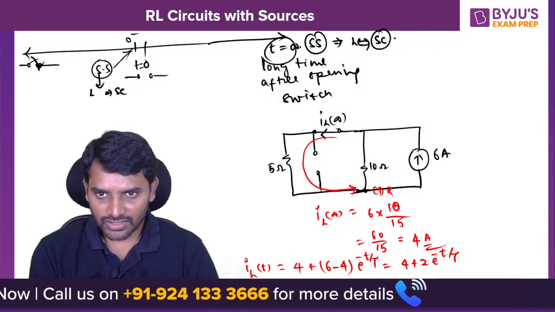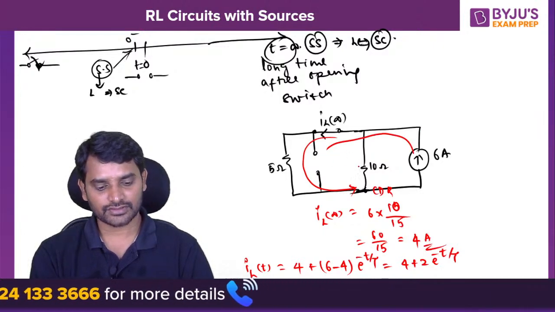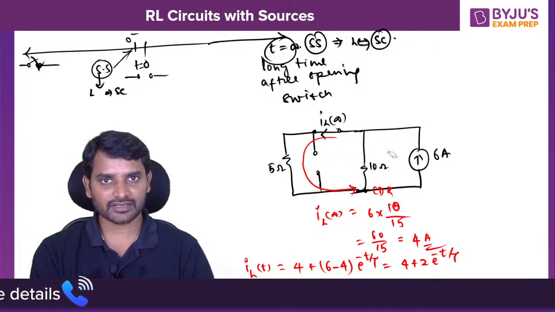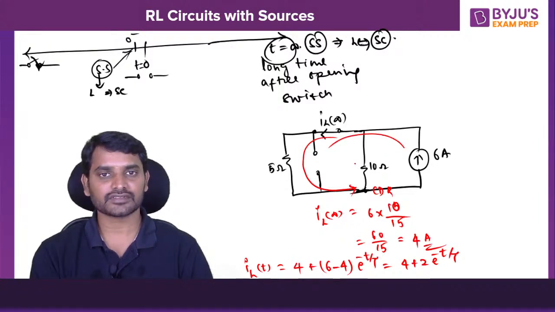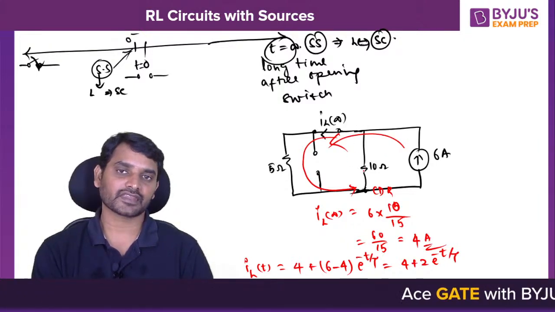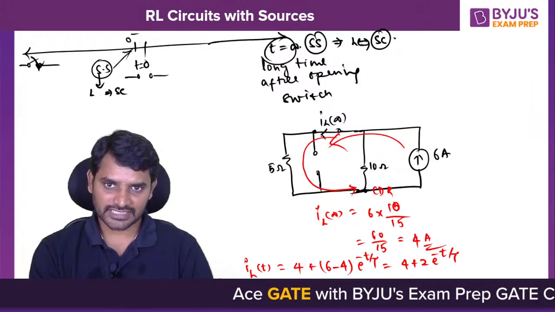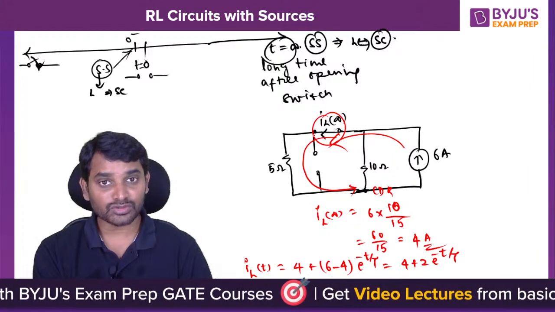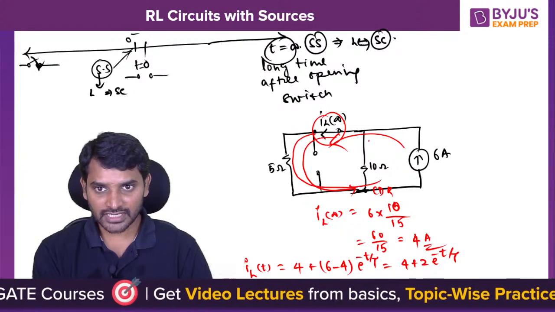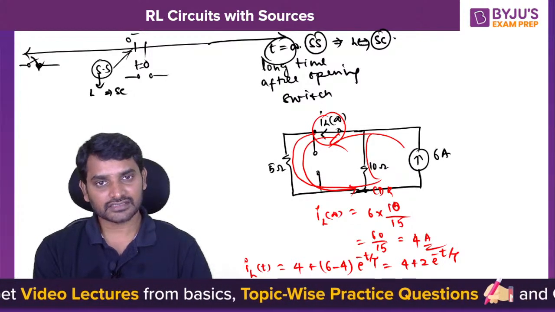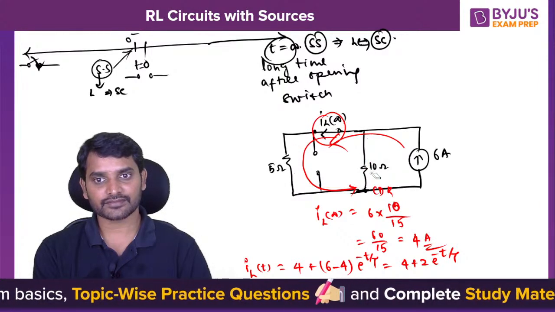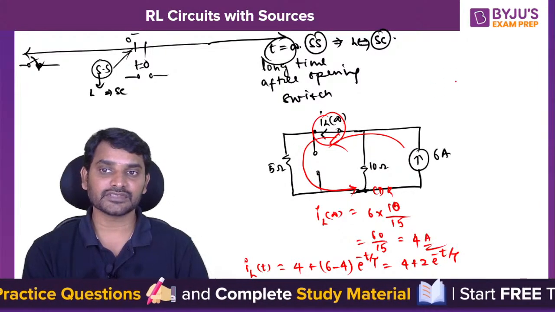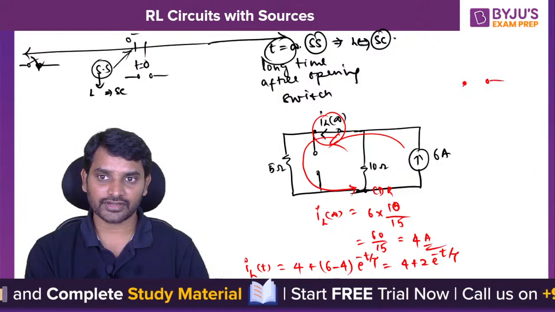Here the source is connected, so the inductor cannot dissipate now. The inductor is still in charging mode because the source is connected. So this is the path. The inductor is storing the energy through which path? Through 5 ohms, and of course current is flowing through the 10 ohms also. So you need to take the equivalent resistance from the inductor's point of view.